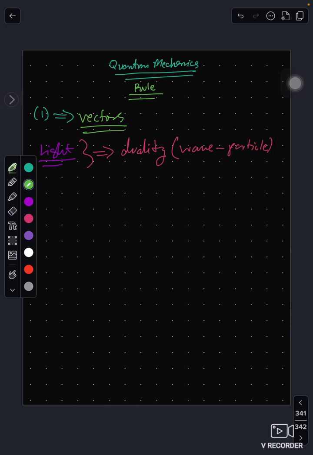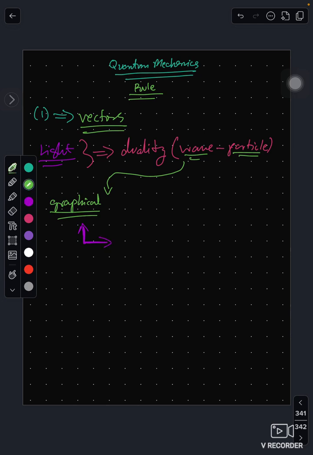So what this means is that light is made up of particles. It's both particles and wave. But if we want to explain it in a graphical manner, this is how we would look at it.